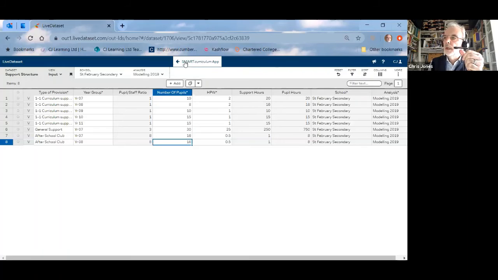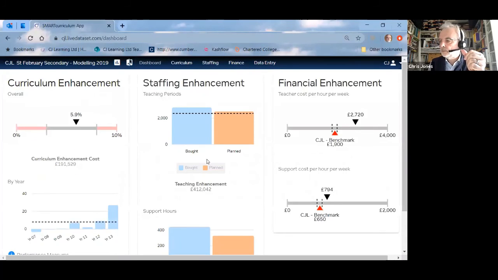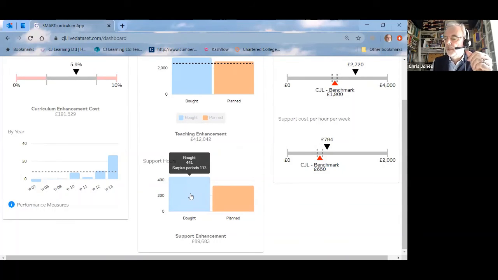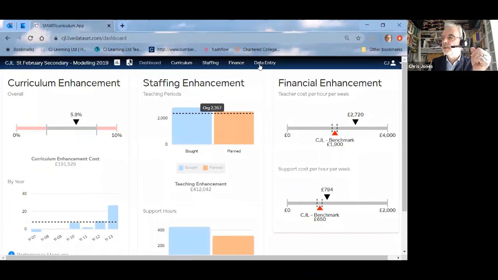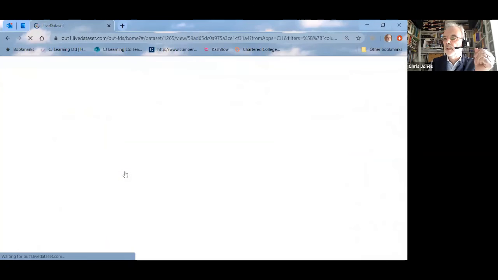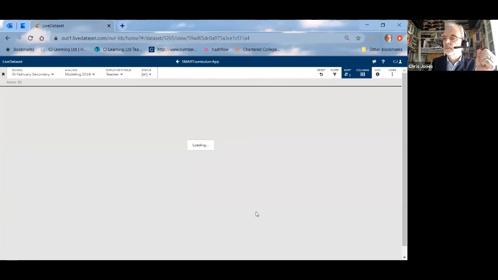Now, where have we got to with our dashboard? So now we've accounted for 328 support teaching hours. We had 441 bought time. Now I'm just going to show where that is, just because we didn't cover that earlier. So I'm on the staffing grid.